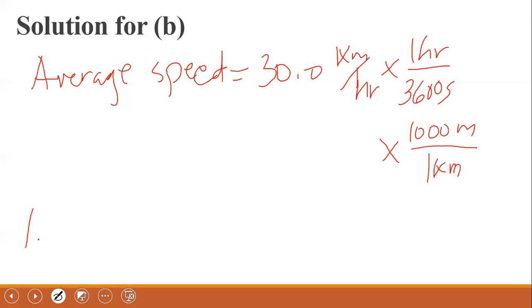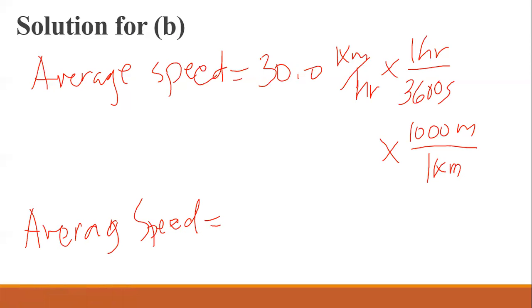So what is next? Just repeat the step that we did in letter A by canceling the unwanted units. Because for letter B, we are calculating your average speed in meters per second. So in our conversion, we are now going to cancel the unwanted units. So we have kilometers cancel, hour and hour cancel.